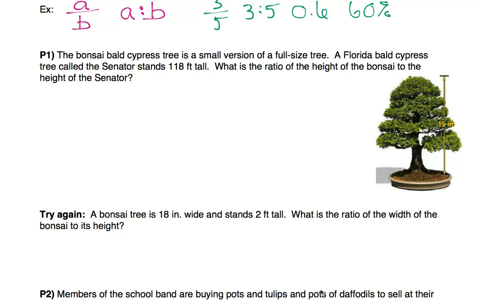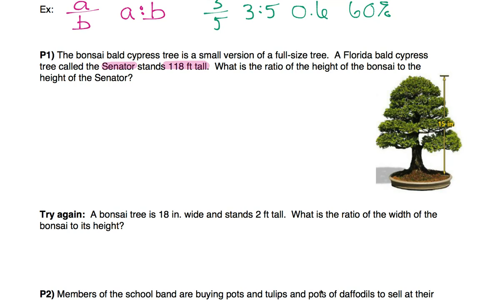So the bonsai cypress tree is a small version of a full-size tree. A Florida cypress tree, called a senator, stands 118 feet tall. So the senator stands 118 feet tall.